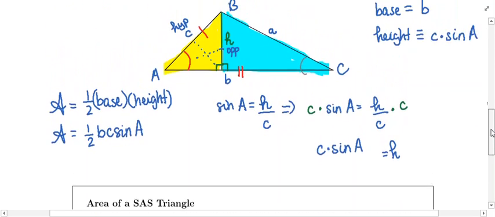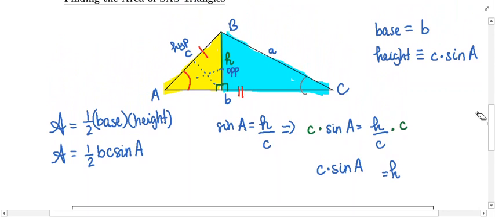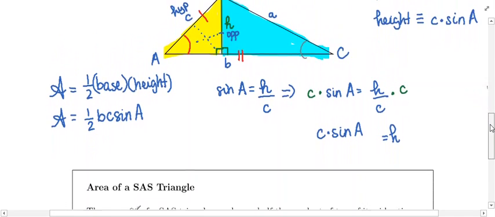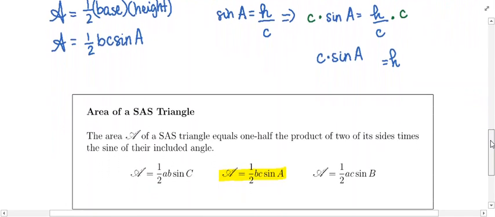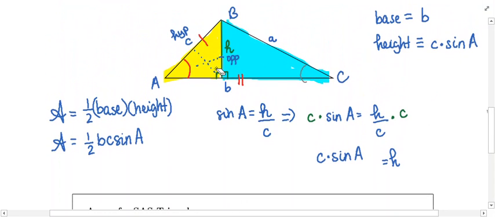So when we go back to our picture, remember what we were given for SAS. We were given side length C, we were given angle A, and then we were given side length B. So this is saying that to get the area of this triangle, you take 1/2 and you multiply together the 2 sides you were given, and then you multiply by the sine of the angle you were given.